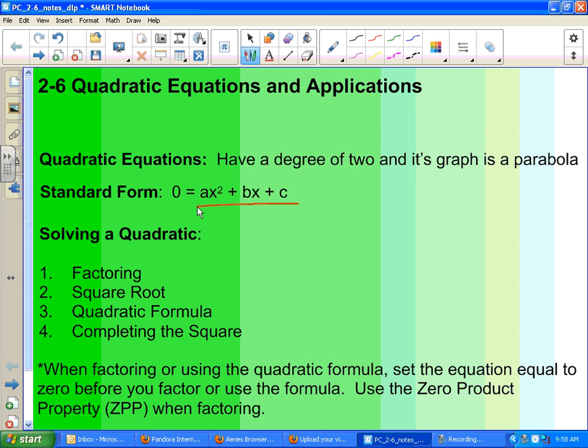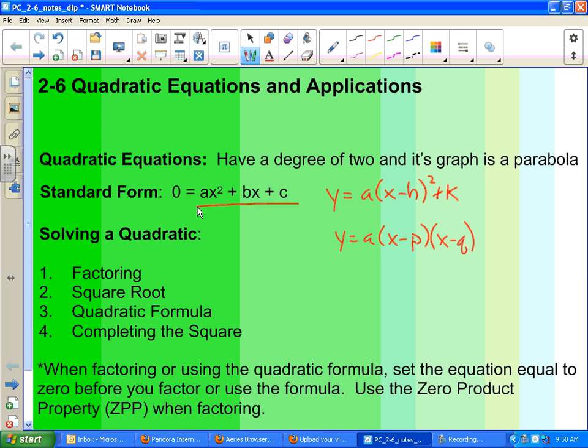Like this one would be what we call vertex form or parabolic form. That look familiar to you guys? Some of you. And then this one is what we refer to as intercept form, where p and q are the intercepts, the x-intercepts of your quadratic.